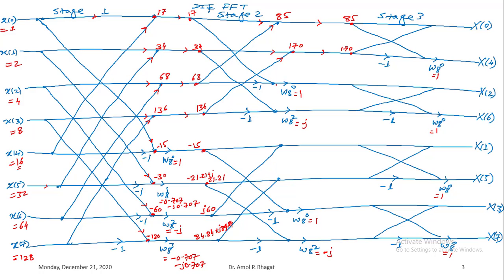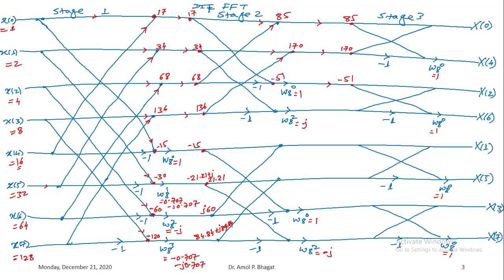Okay, then at this point 17 minus 68, right? So 17 minus 68, this 16 will get multiplied with -1, right? And here it is 17, 17. So here multiplication you will get is -51, right? So this -51 multiplied by this Twiddle factor 1, so here it will go as -51.